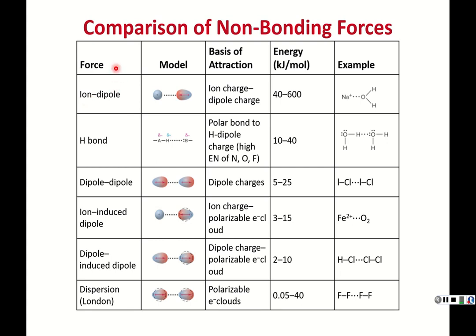Starting with ion dipole, you could probably throw ion-ion above this. An ion-ion interaction that is very close would be considered an ionic bond.